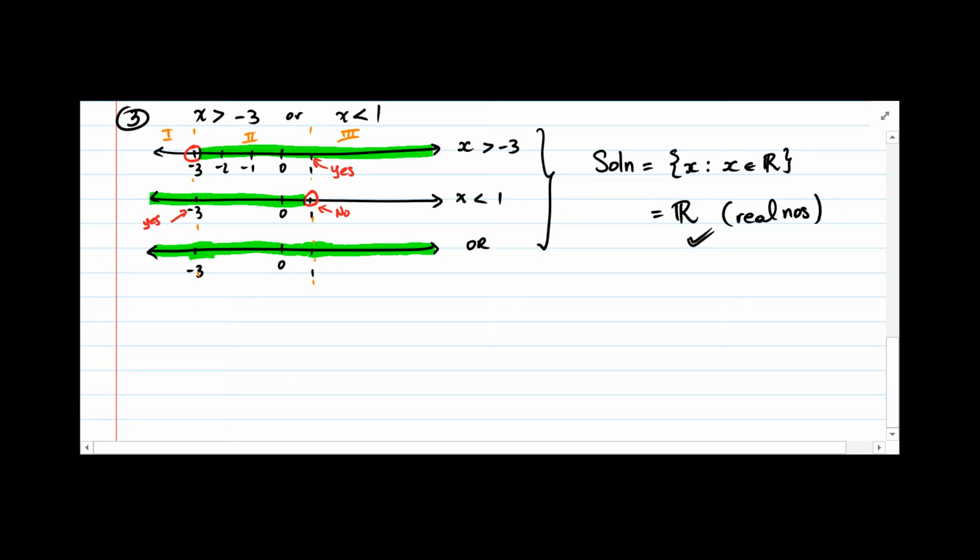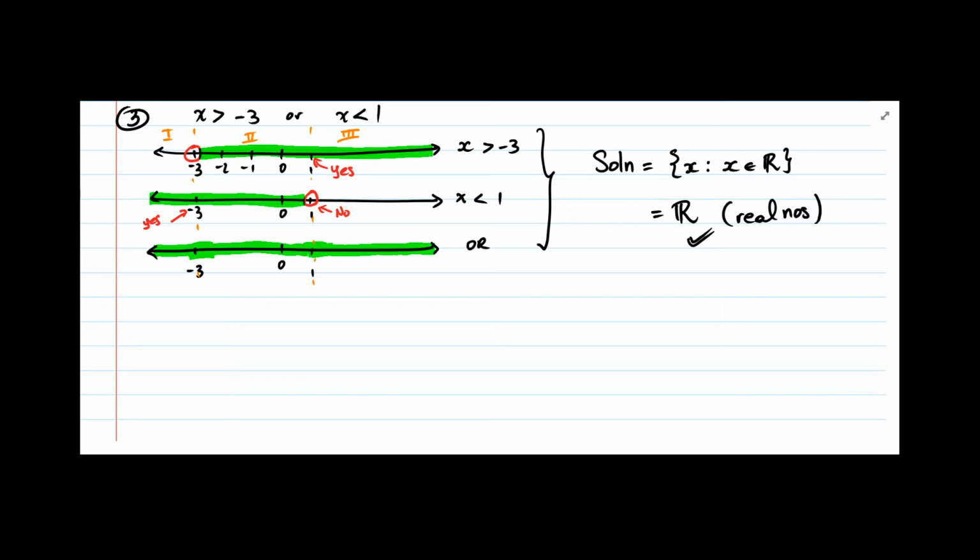Since we were dropping the notation of putting x is a member of R, it's quite fine for you to choose the latter. Alright, so the point about these questions is that it does require you to look at the individual components that you're using and then determine how you put them together with the union.